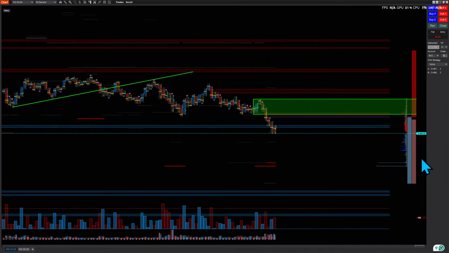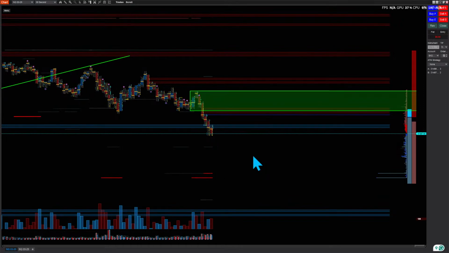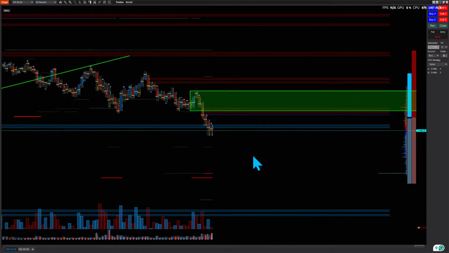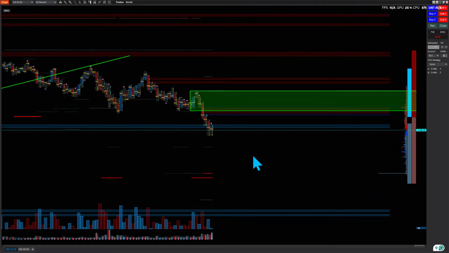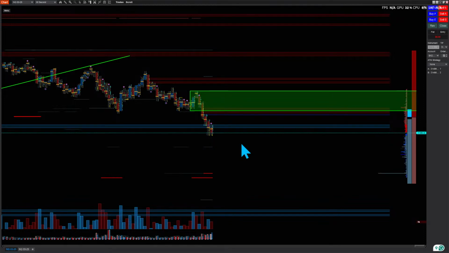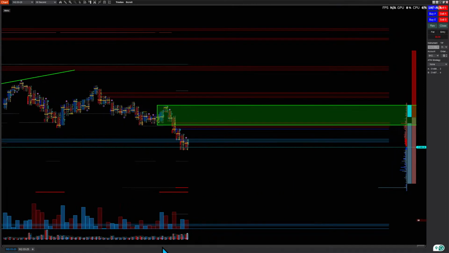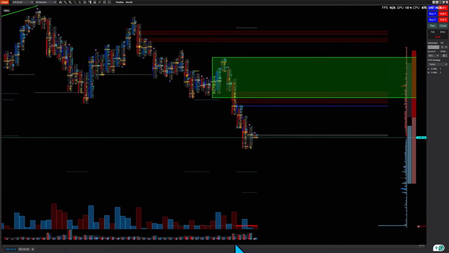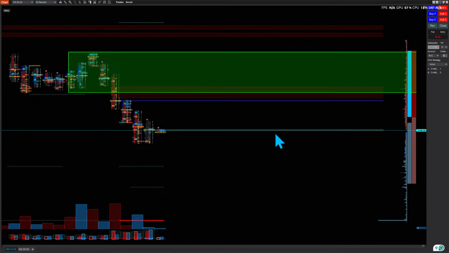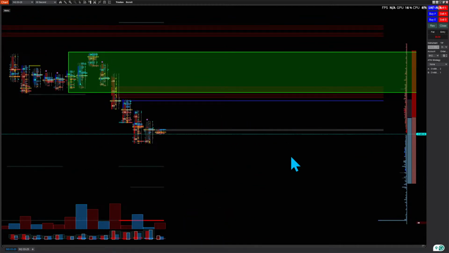The people who use only price action couldn't see inside of the candle. The footprint shows us aggressive orders, how the aggressive orders interact with the price that sits on the passive orders.